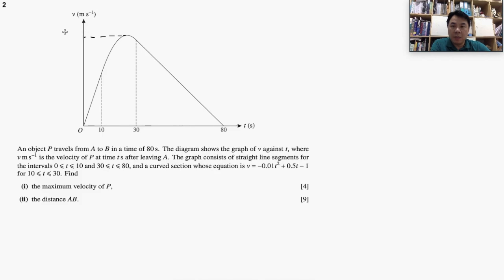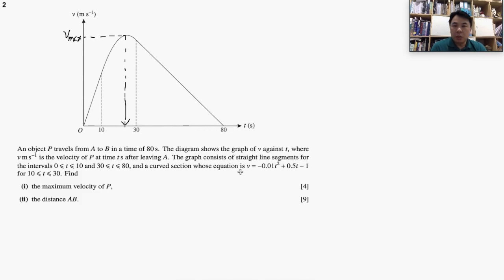This is the maximum velocity. Most probably the answer will be somewhere between 10 and 30 seconds.